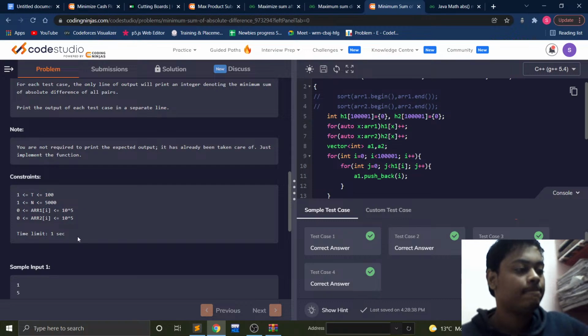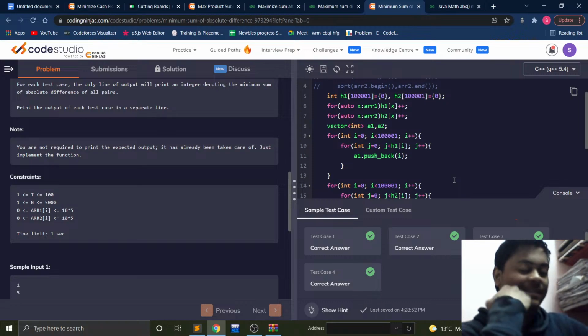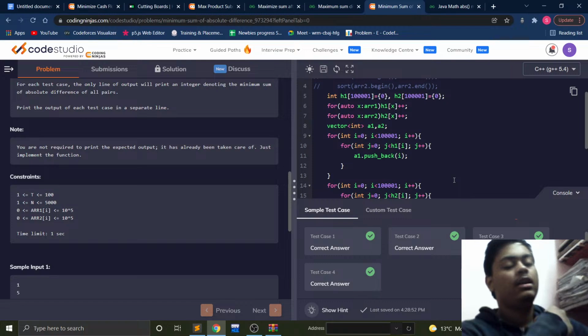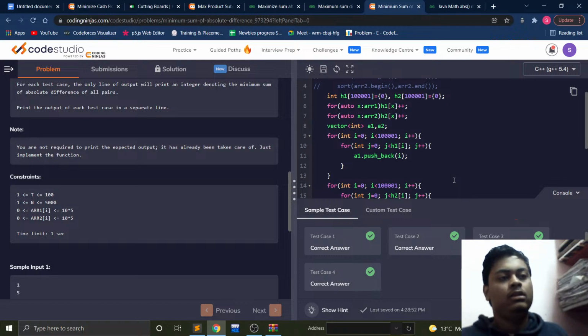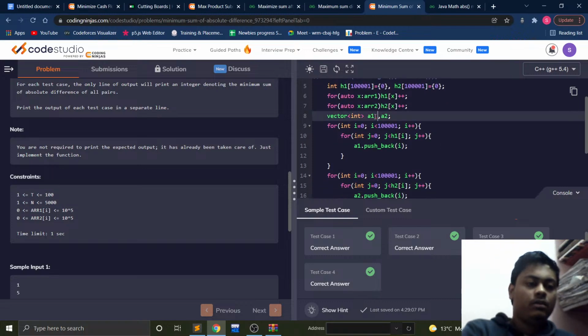N is 5 times 10 power 5. Every sorting will take 10 power 5, 10 power 7. I give them size n.